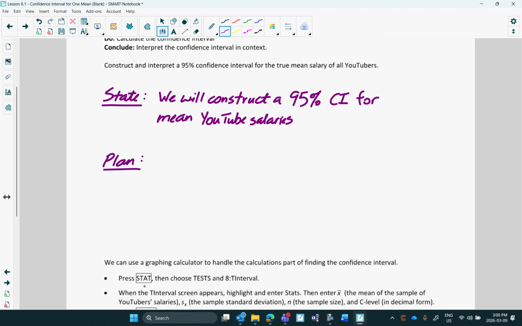The plan, if you remember when we did a confidence interval, we used interval and we used Z. And it was one sample, right?